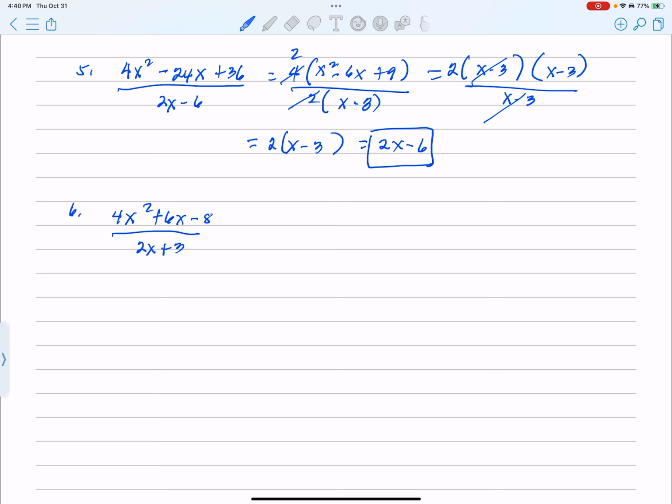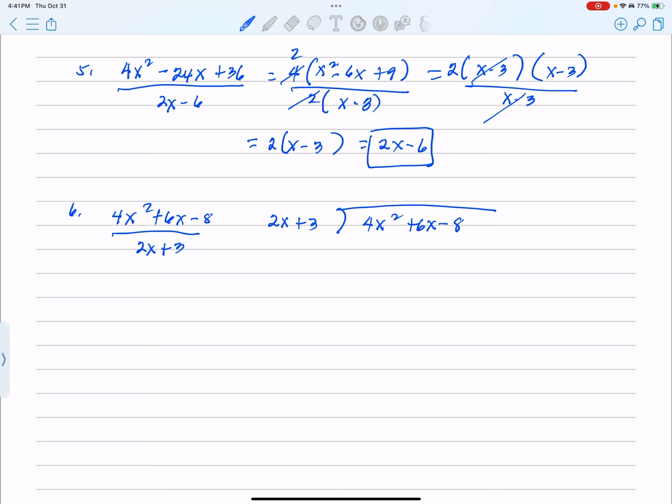So here, we can use the long division. Okay, I think that we have a shorter way of doing the long division. The terms are in order. So 4x squared plus 6x minus 8 divided by 2x plus 3.